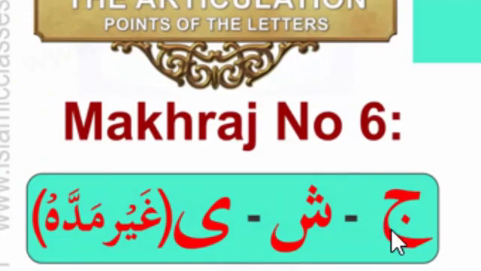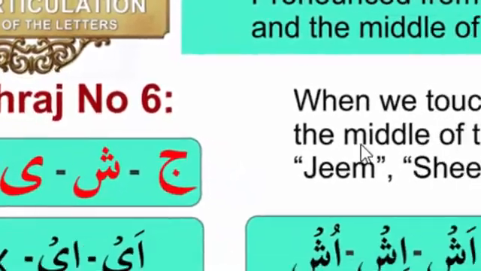The first one is jeem, the second is sheen, and the third is ya, and this ya is ghair maddha. Keep this in mind, because inshallah I will tell you which ya is maddha ya and which ya is ghair maddha. Ghair means without maddha.